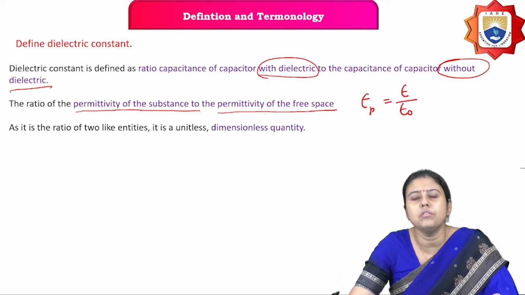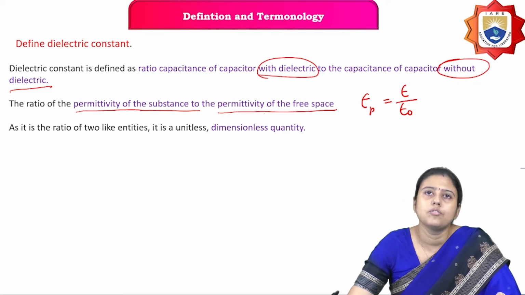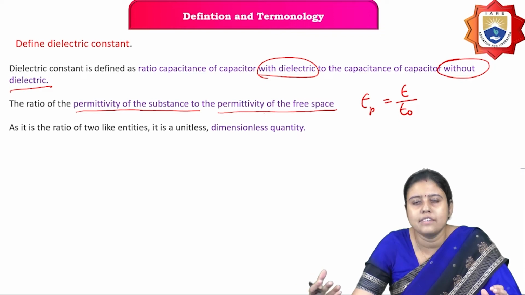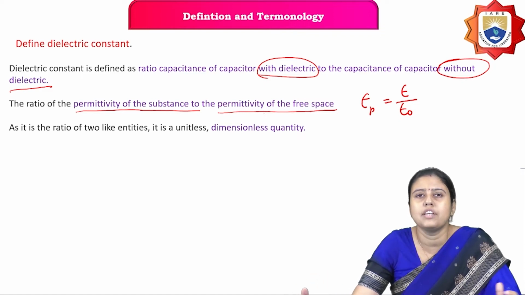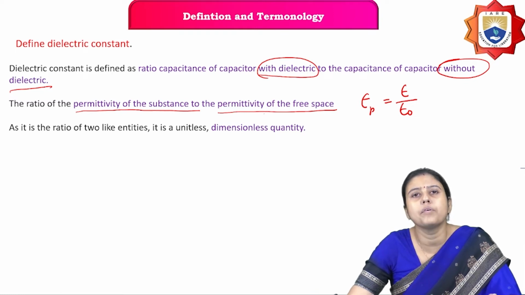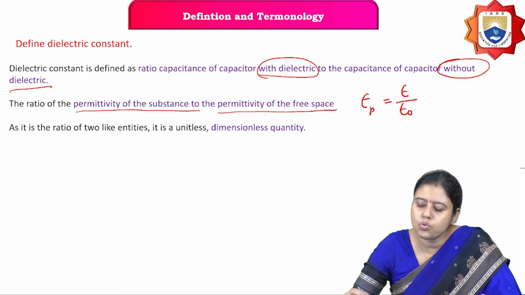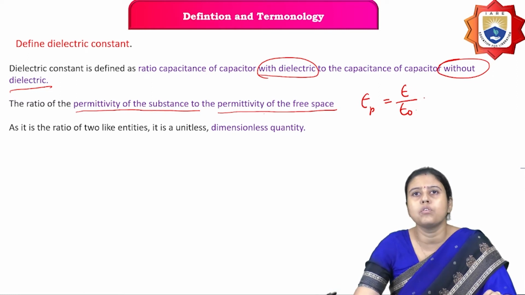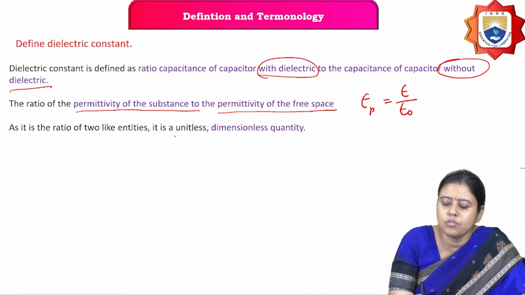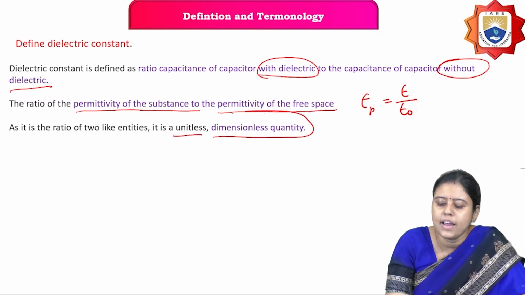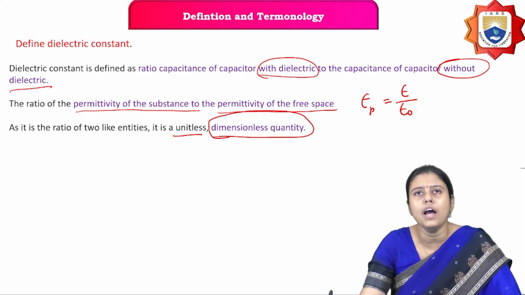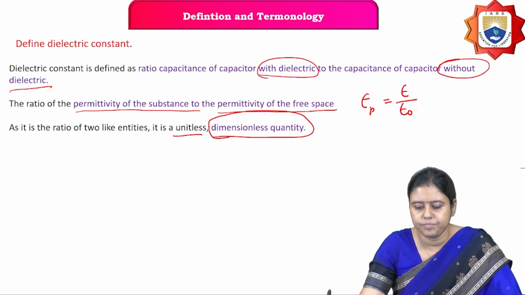This is also known as the dielectric constant. The characteristic of any medium or substance to store the electrical energy. As this is a ratio of two like entities, it is basically unitless, a dimensionless quantity. There is no unit of the dielectric constant.